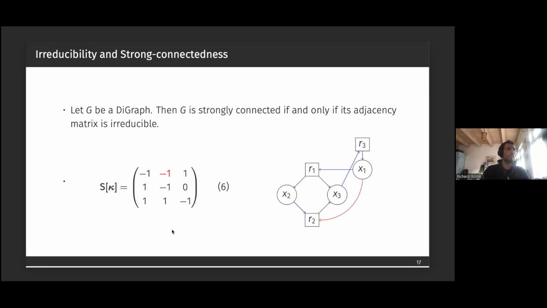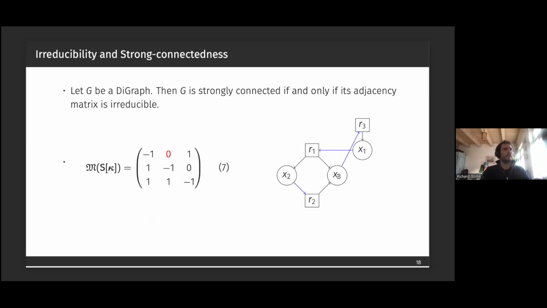matrices? When we look at this child selection matrix, the additional off-diagonal negative entry gives us two possibilities to go to X3. If we remove that entry, then there is only one possibility to go from X1 to X3. This is the idea of how the proof works.